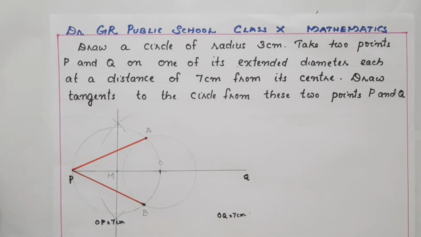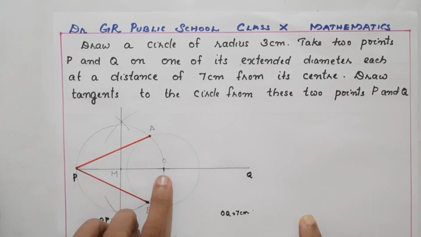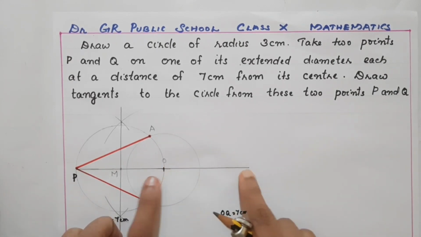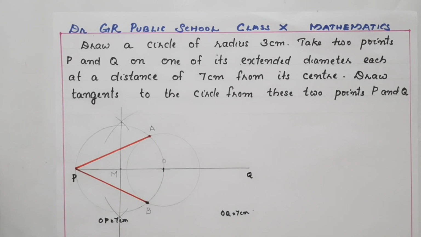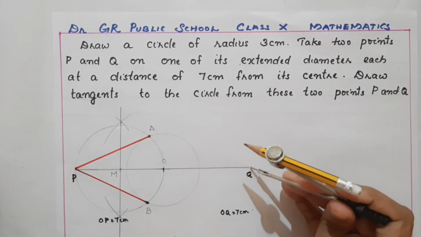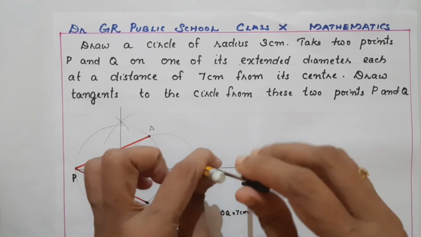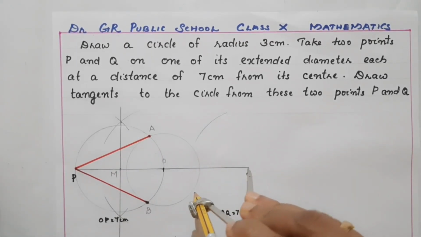Same procedure. We have to draw the perpendicular bisector of this line segment, joining the center and this exterior point. For that, fix the compass at... Now, no need to explain more about the perpendicular bisector.